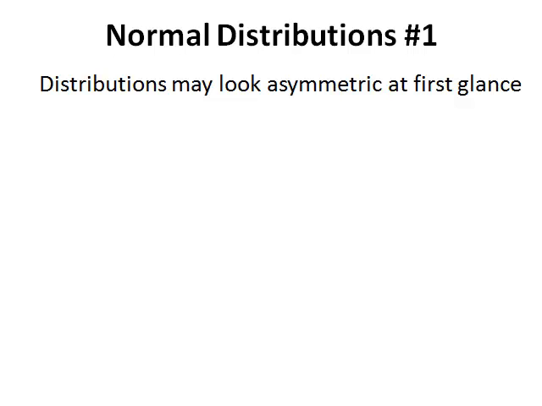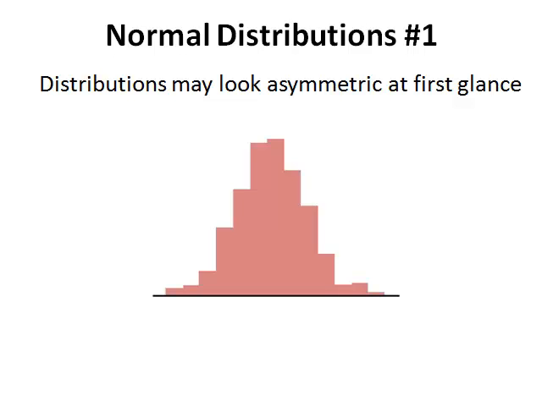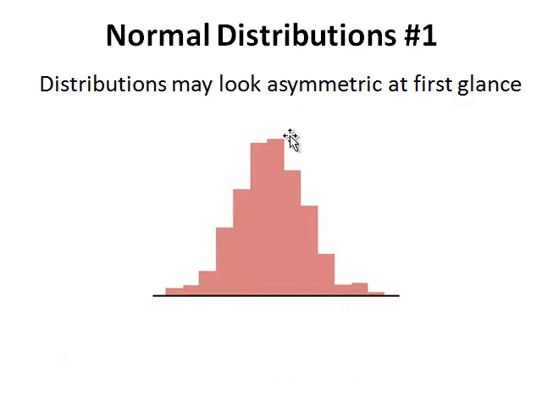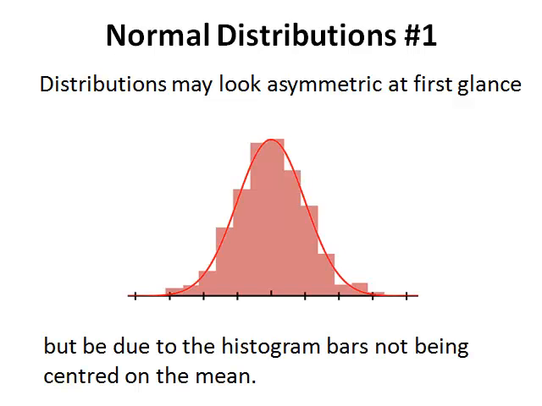Sometimes they can look a little bit asymmetric, like this one here, but in fact, when you actually try to sketch in the curve, you'll find that in fact it fits very well indeed. That's because the mean, which is in the center here, is not exactly in the middle of the bars. So there's a bit of asymmetry apparently caused by that, but in fact the actual distribution is pretty much normal.